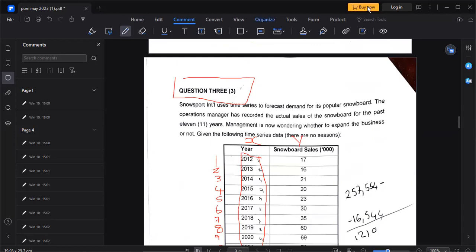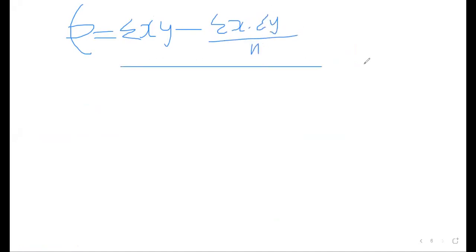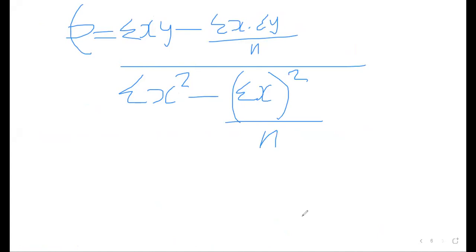So from here, we can find our b: summation of XY minus summation of X multiplied by summation of Y over n, over summation of X squared minus summation of X squared over n.